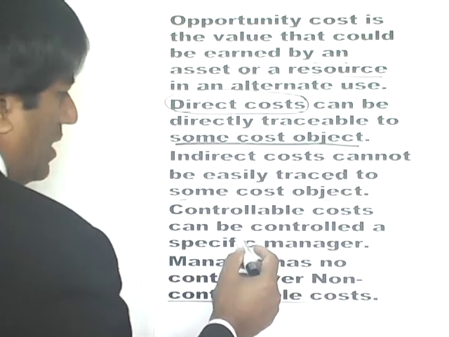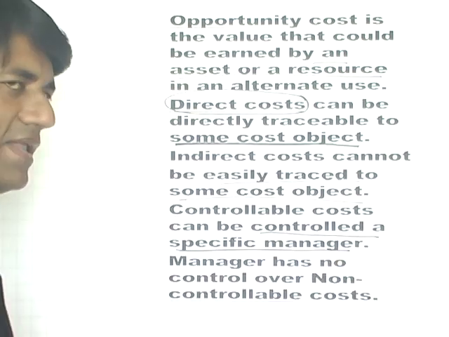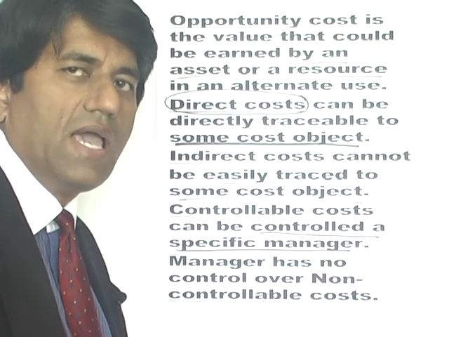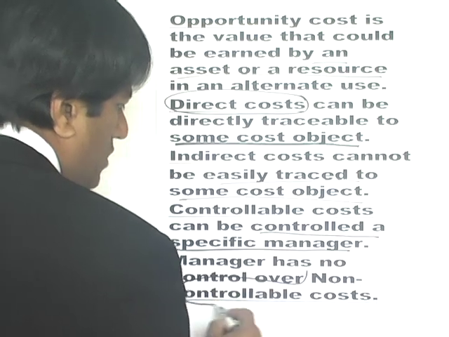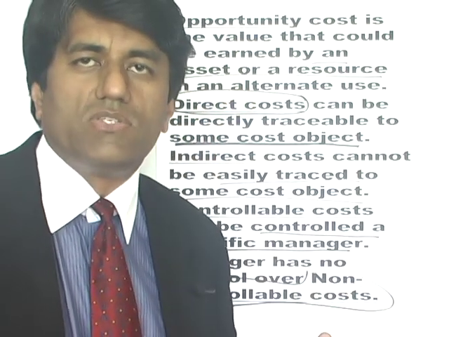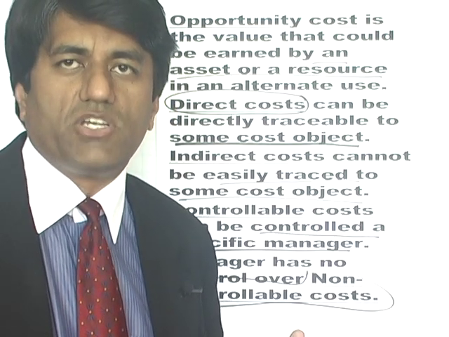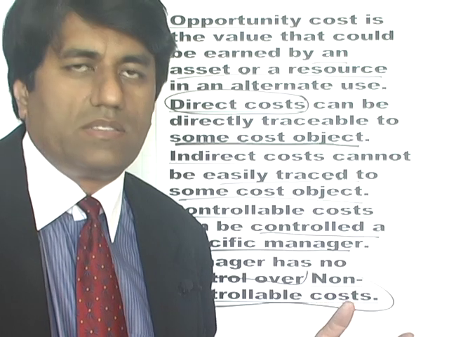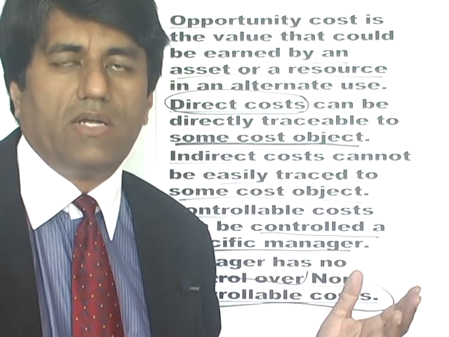Controllable costs can be controlled by a specific manager, and if the manager does not have control over some costs, then they're called non-controllable costs. For example, the price of steel for a car manufacturer: the manager cannot control that cost.